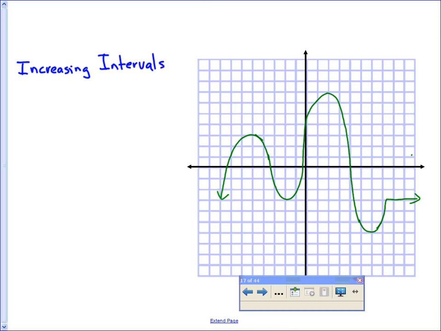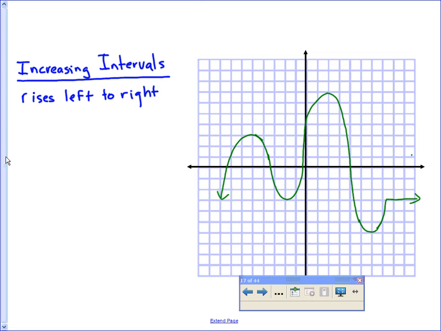So of course this is just the intervals for which the function is increasing, and that's when it rises from left to right. Okay, so let's go through and identify where we are rising from left to right on our graph. And I'm going to do this in blue, just like I have here.